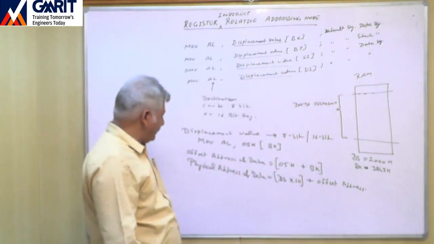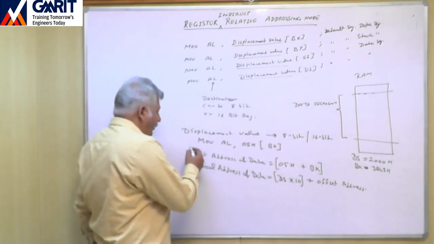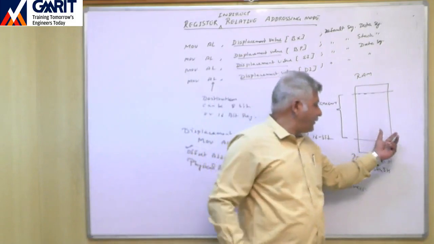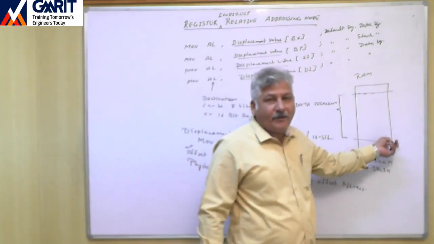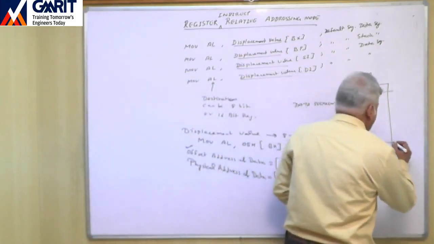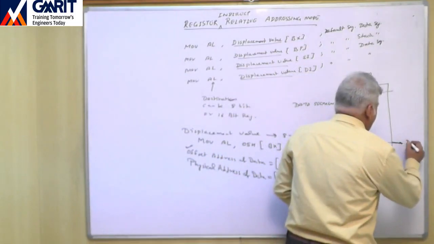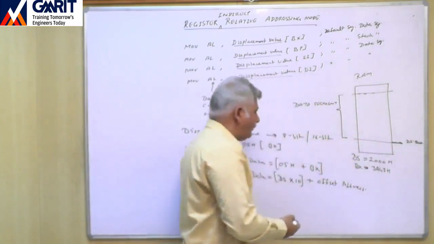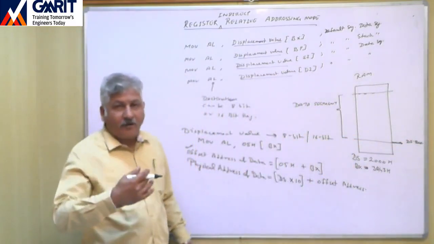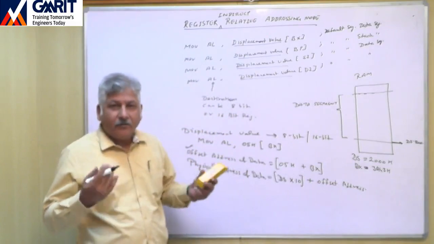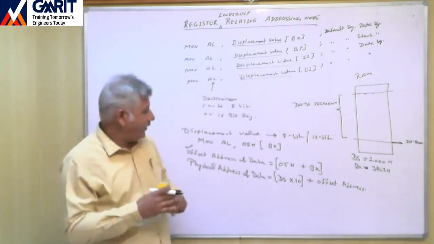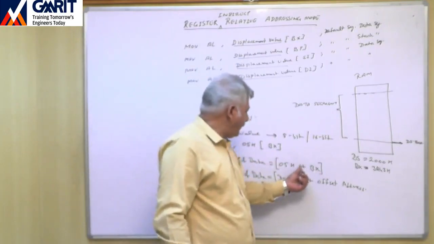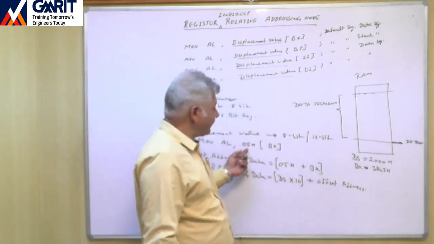So in this case, the offset address is where our data is from the base of this data segment. So this is the base of the data segment. How far our data is from this base will be our offset address, and we will calculate the offset address by the value of BX plus 05H. 05H is the displacement.